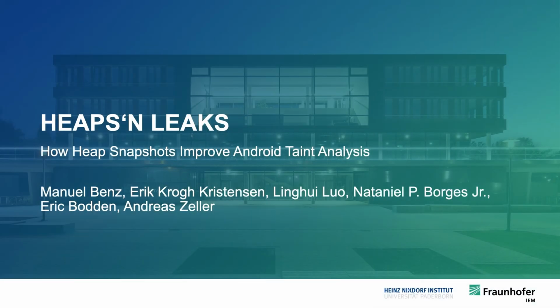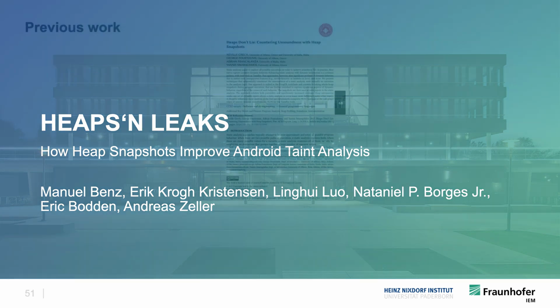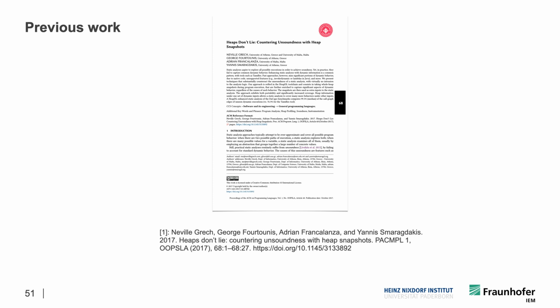Anyway, just a couple of years ago, we published this paper, Heaps and Leaks, and there we sought to show how heap snapshots actually improve static Android taint analysis. And I should say this is a paper that has been heavily inspired by this previous work by Neville Craig and his colleagues.